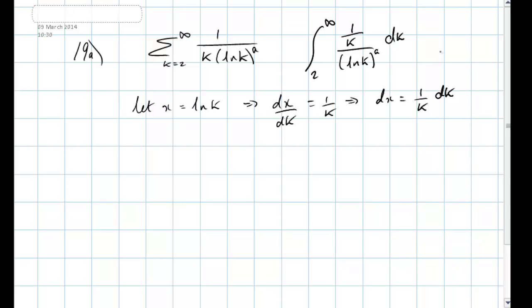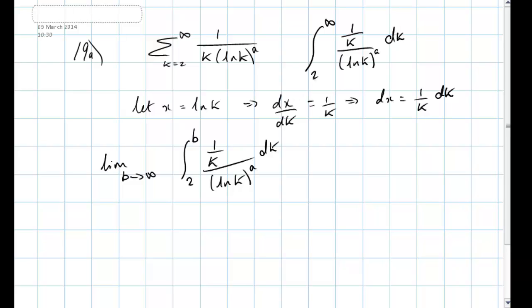It would look a little bit strange if I started to talk about the ln of infinity, so I'll avoid that for the moment. In fact, what we're really interested in is the limit as b tends towards infinity of the integral between 2 to b of 1 over k over the ln k raised to the power of a dk.